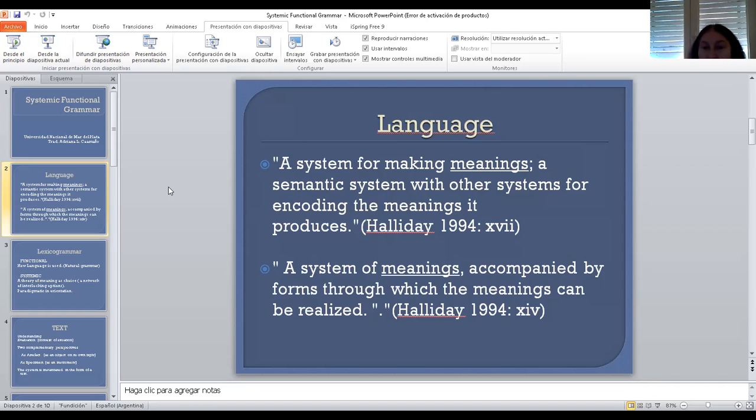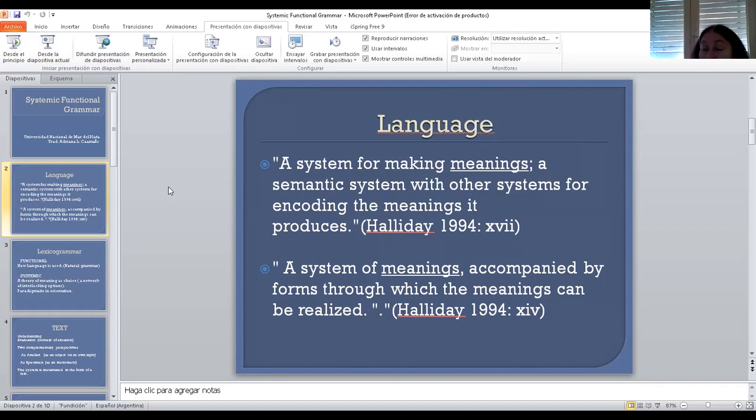Then there is another quotation, and we also have the word meanings there, because as we have already said, within functional grammar, meaning plays a key role. Here we say that we think of language as a semantic system, okay? A system of meanings accompanied by forms through which the meanings can be realized.